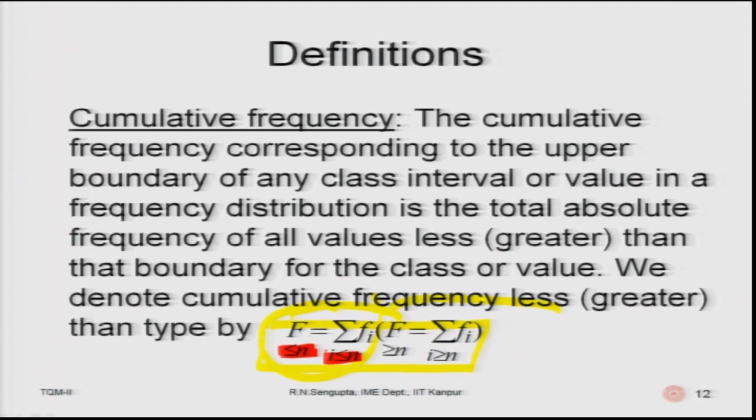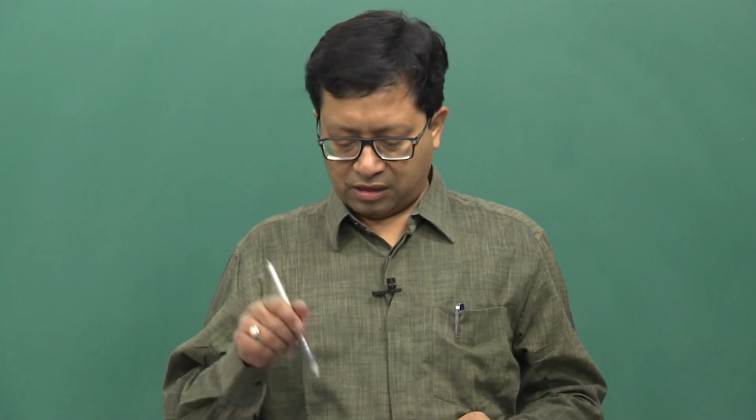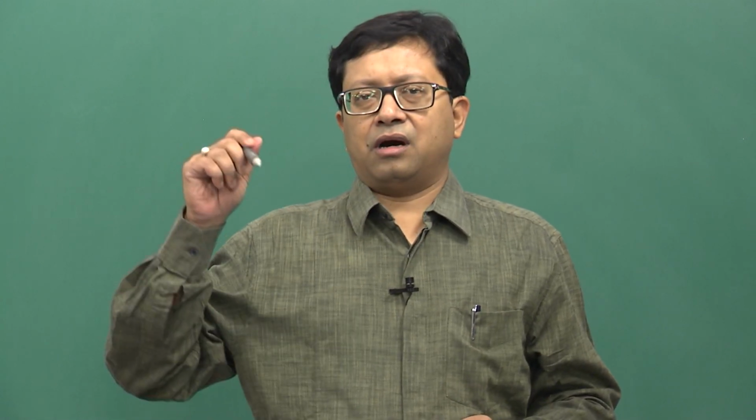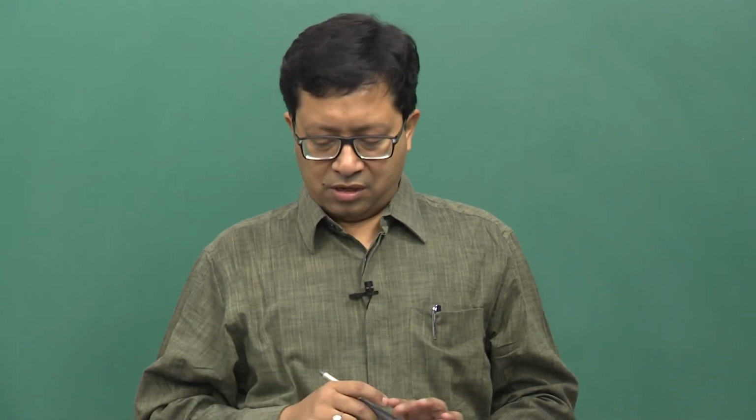This will be the one for the less than type, and then the other one which I will try to highlight will be for the greater than type. Obviously, this part where I am now hovering the pen would be for the values 1, 2, 3, 4 for rolling the die, and the other values would be 5 and 6, to find the sum of the probabilities for the values of 5 and 6.